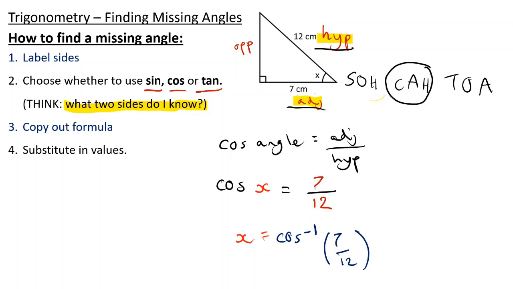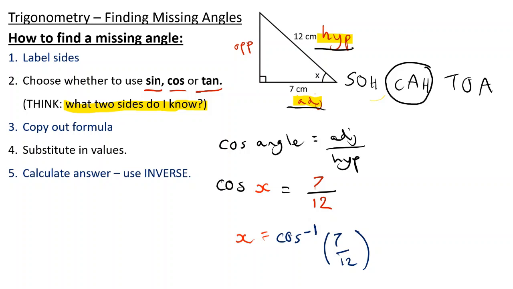And so into your calculator, all you need to type is cos -1, 7 over 12. To make it look like this, in your calculator, press shift and then press cos, and that gets you to the inverse. So all I'm going to do now is type that into my calculator.